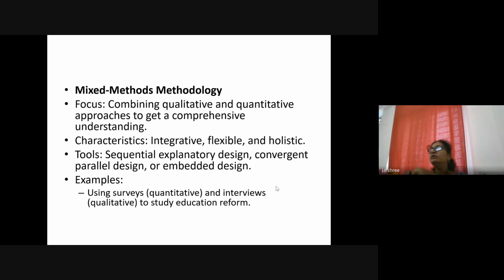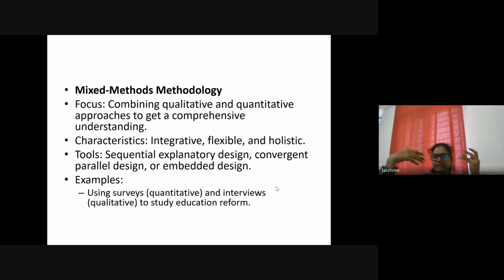And next we come across this type of papers. Now this is becoming very, very popular. People opt for both. So this is called mixed methods methodology. So you combine both qualitative and quantitative approaches to get a comprehensive understanding. So the characteristics are, it is integrative, flexible, holistic. You get a whole view. And it is all flexible. It's in your hands.